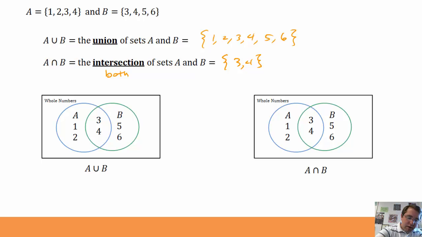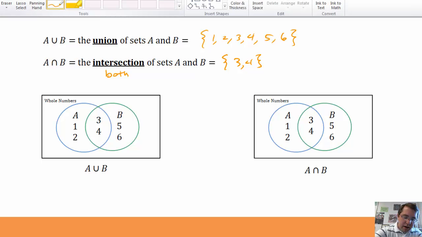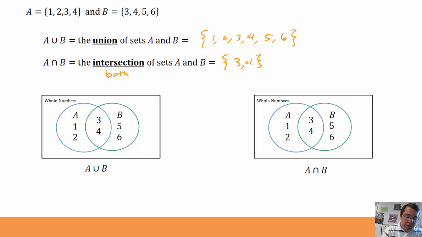So A union B is going to be any numbers that are in A or in B. So I'm shading A union B. I am shading all of A, and I am shading all of B. And that is A union B. And everything that's in one or the other.